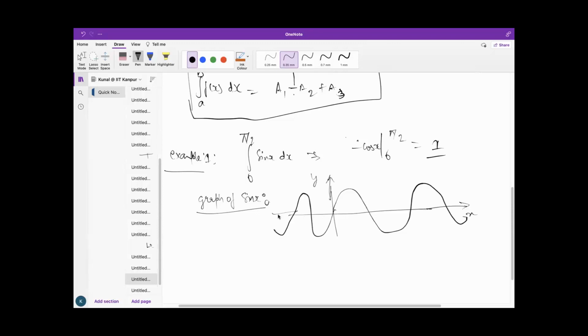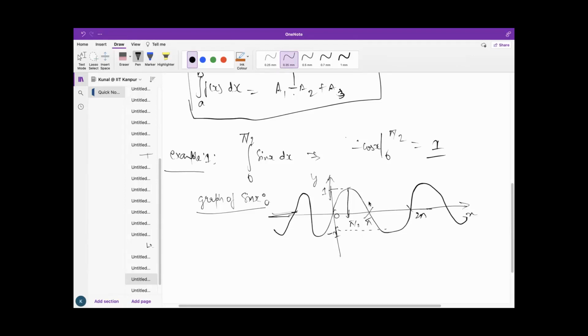Sorry for my drawing. Okay, so 0, pi, 2 pi. This is our pi by 2, at which the value is, sorry, plus 1. Here the value is minus 1.